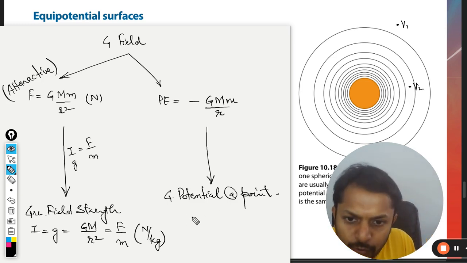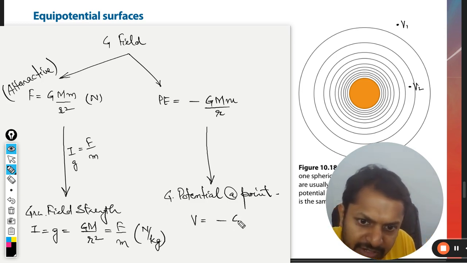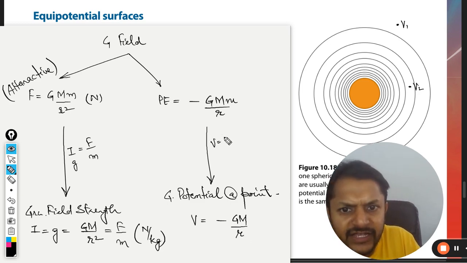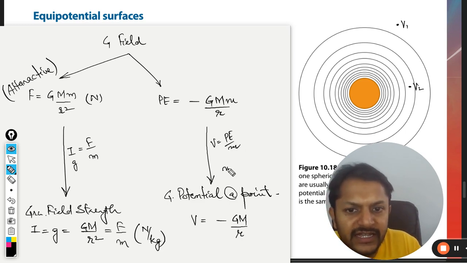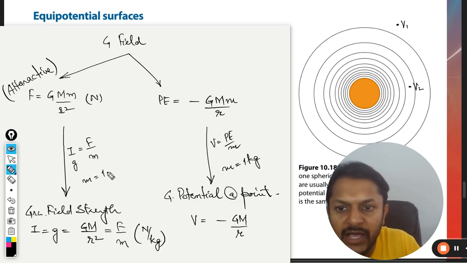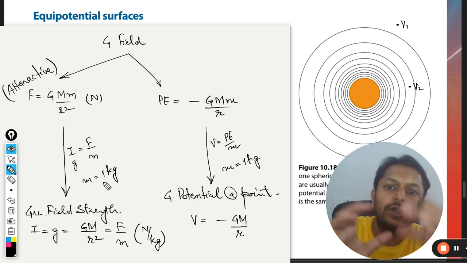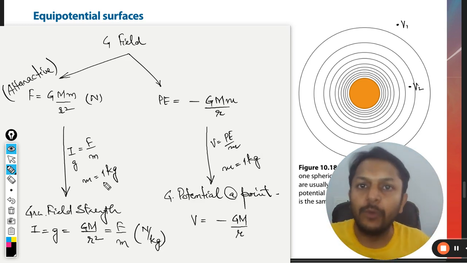Accordingly, you found that V is equal to negative GM by r. We can clearly see that V is equal to the potential energy per unit mass, or you can even say that we are actually substituting the value of mass m as 1 kg. Even that you can assume, and accordingly you have created two corresponding concepts.